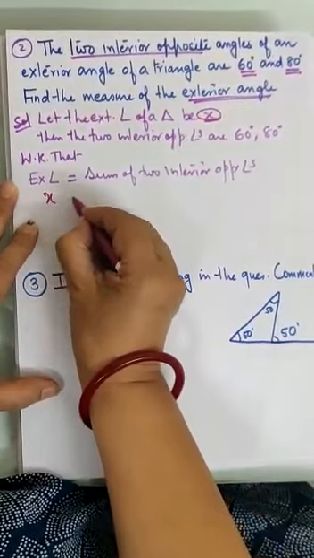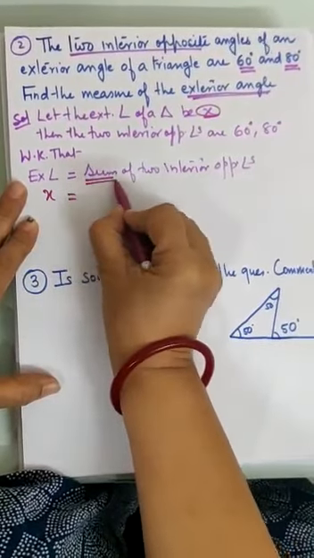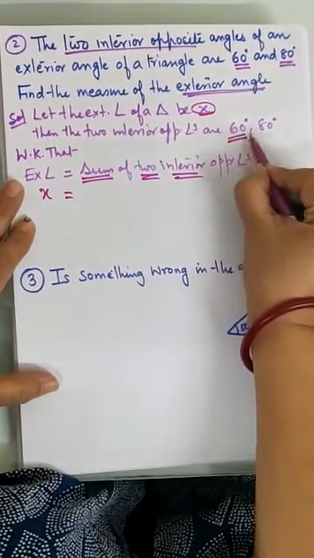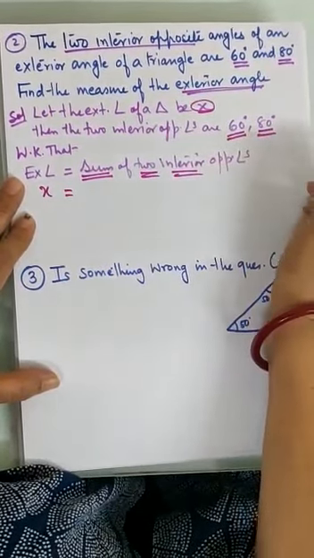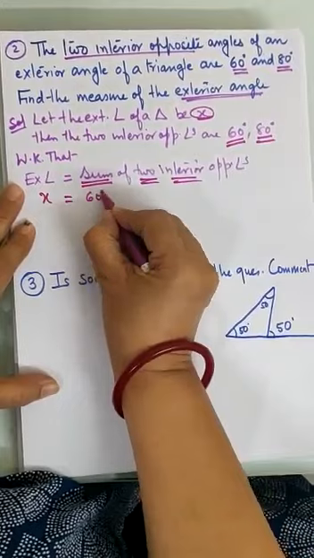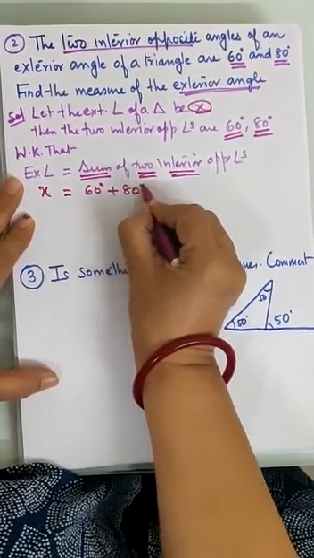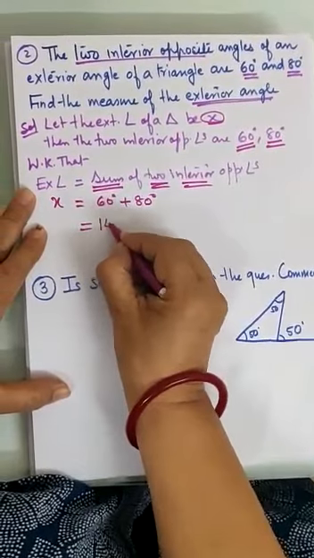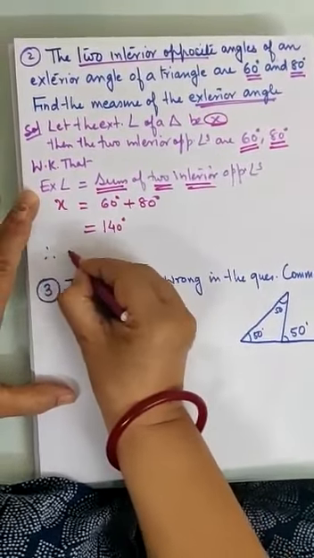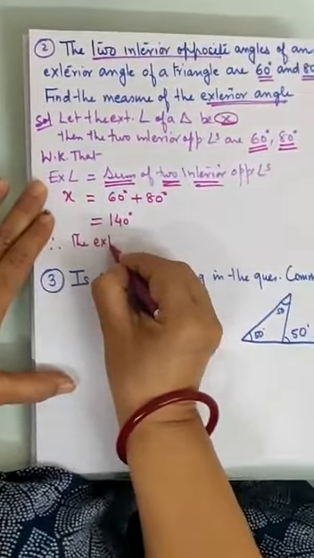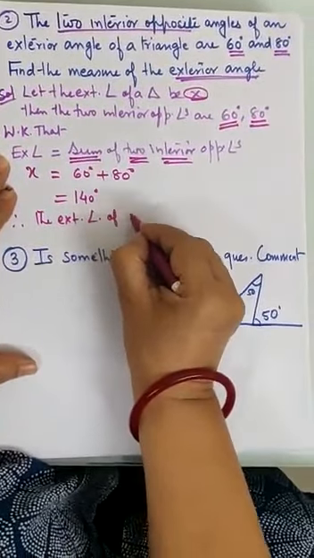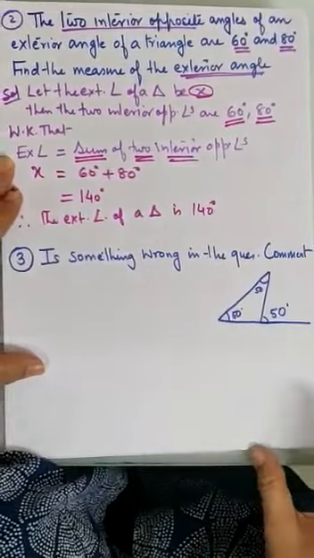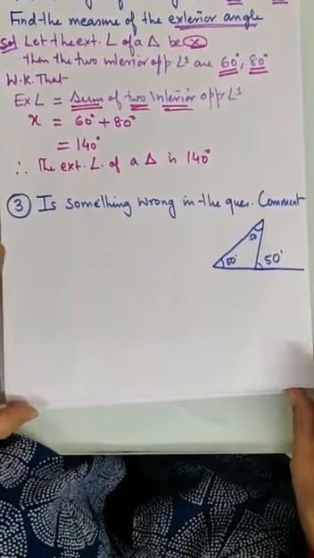So we write here x is equal to the sum of two interior opposite angles, which are 60 degrees and 80 degrees. So 60 degrees plus 80 degrees. When you add these two, 80 plus 60 is 140 degrees. Therefore, the exterior angle of a triangle is 140 degrees. Is this clear? Now we come to the third question.